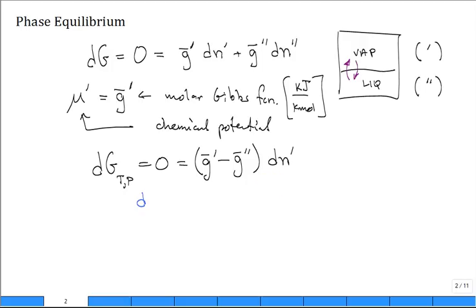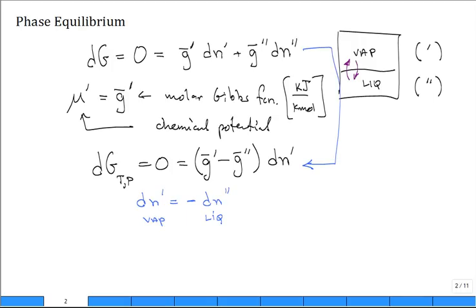Because dN prime is related to dN double prime. The change in the amount of the vapor is related to the change in the amount in the liquid, because if one's going up, the other's going down, the total N is conserved. So there's the relationship. And you use that to reduce from here to there.